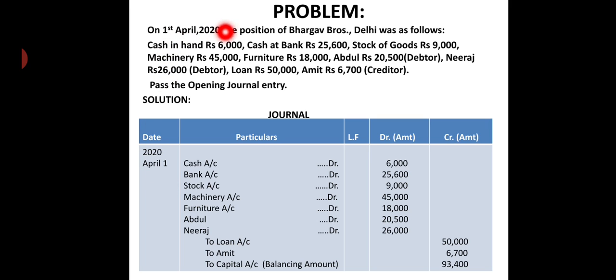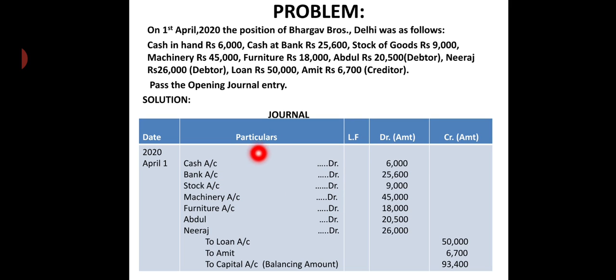And all the assets with whatever value is given till your debtor, Neeraj, all items you will write on the debit side as given in this. Very neatly in this particular way you have to write. Remember children, accountancy is such a subject for which you can score marks only if you are presenting it in a very systematic and appropriate way. So this is how you have to prepare it.